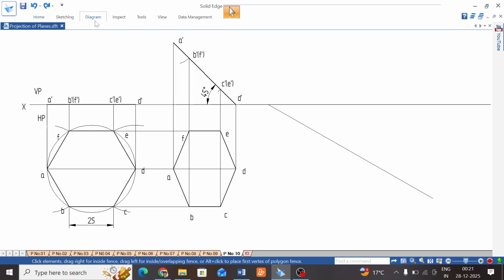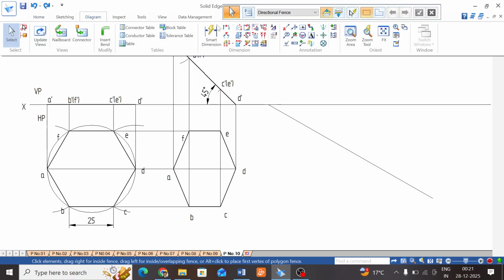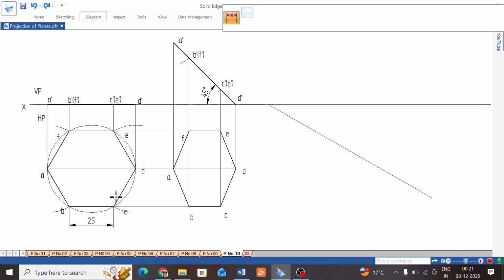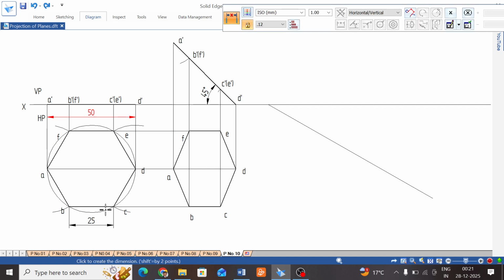How to show? By using scale the distances you have to show. This distance is original lamina horizontal distance, taking the length from here. Compulsorily you have to show 50, and next you have to take this apparent lamina here to here.